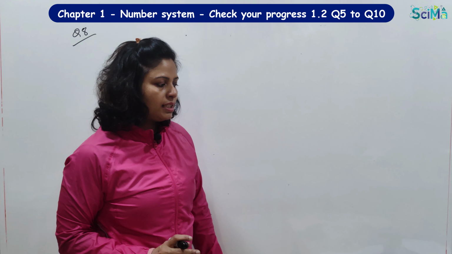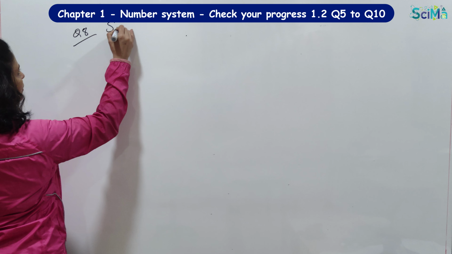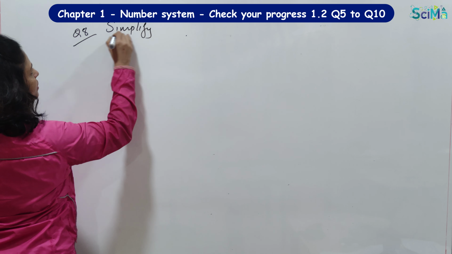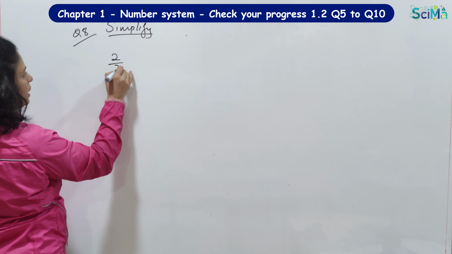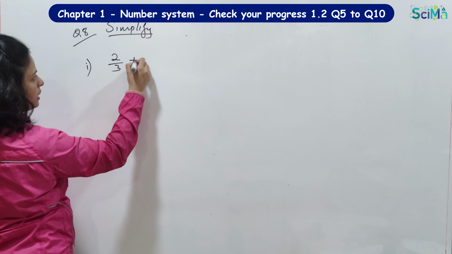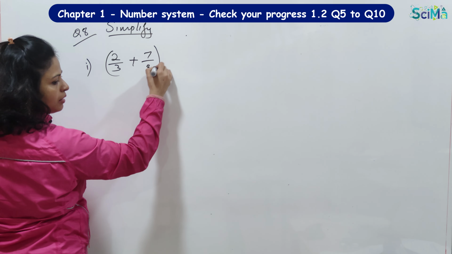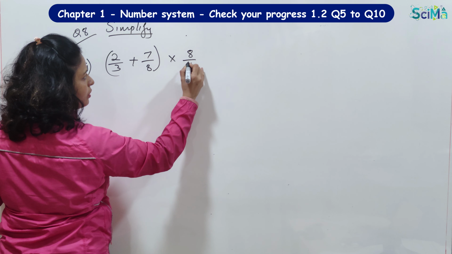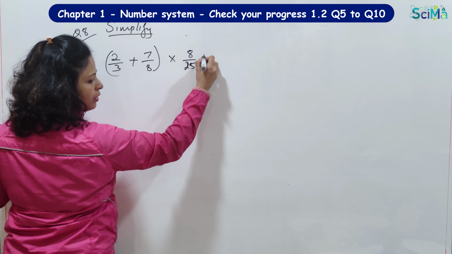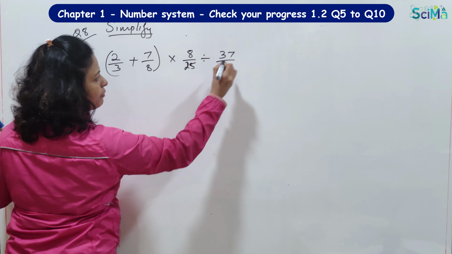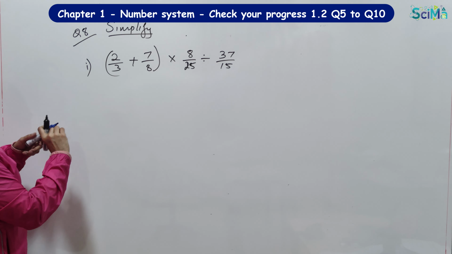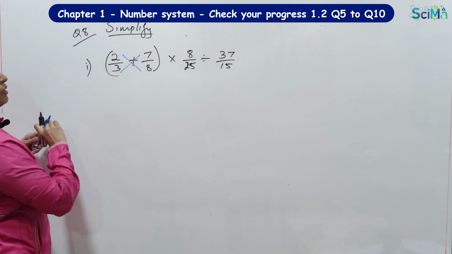Now question number 8 is simplification. Simplify, this is the first part: 2 by 3 plus 7 by 8 into 8 by 25 divided by 37 by 15. So here we will solve what is there in the bracket.